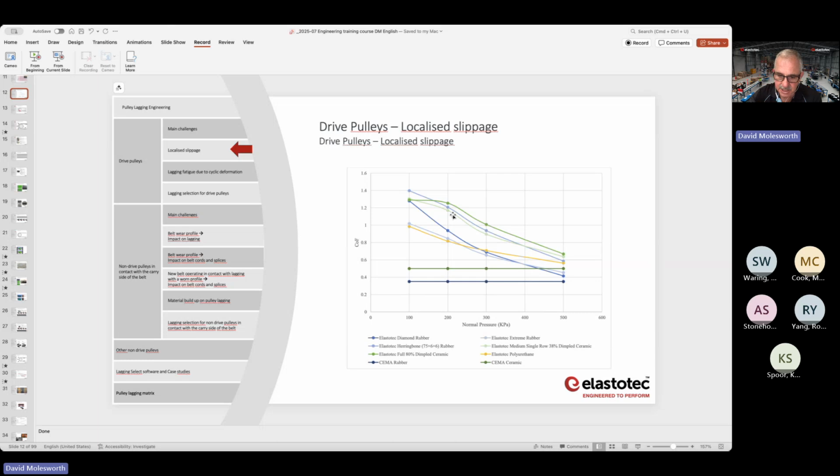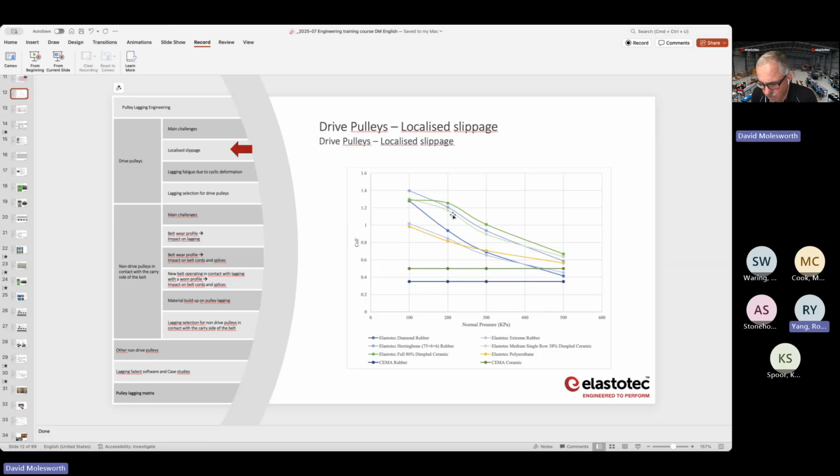The friction's changing in Lagging Select. It's using the data from Tunra in a variable friction model. We don't use a single friction factor.